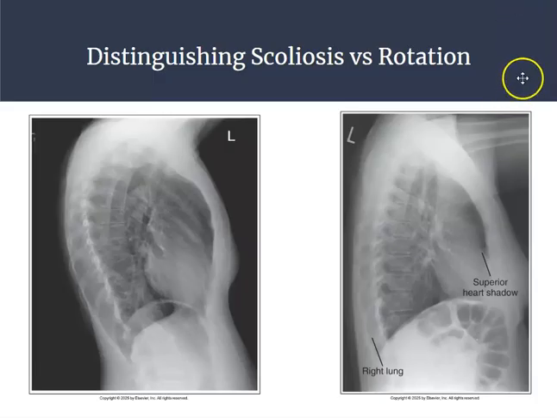Whereas with rotation, you'll see that the anterior portion is not superimposed as well as the posterior portion. And again, you want to use either the gastric bubble, the tissue anteriorly seen, or the heart shadow to determine whether the left or right side is positioned anterior. And in this case, in the second image, the left side is positioned anterior to the right side.